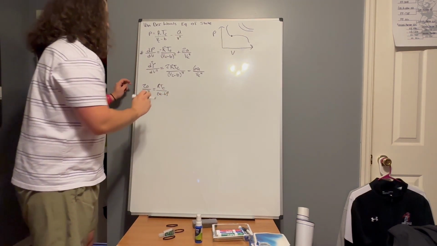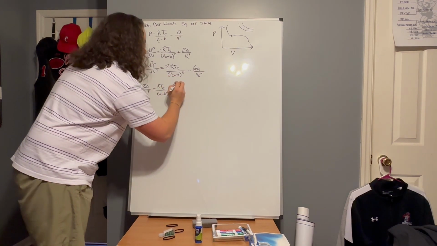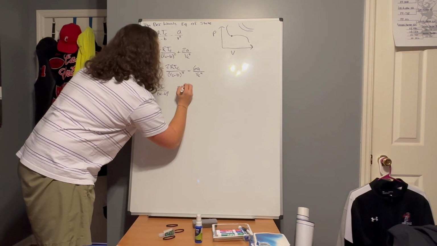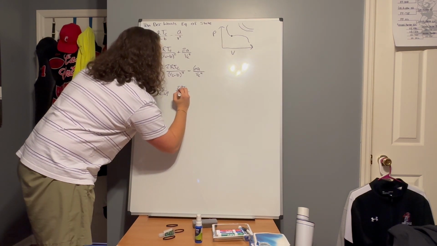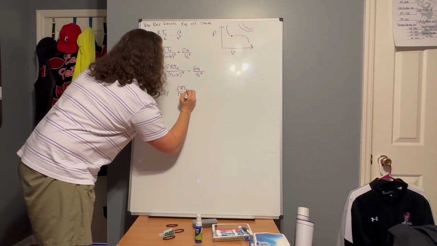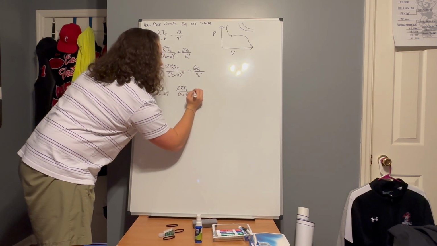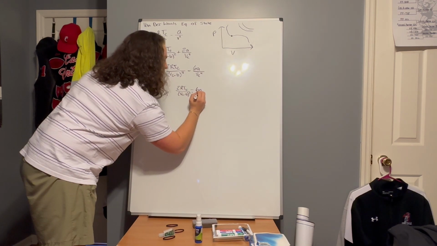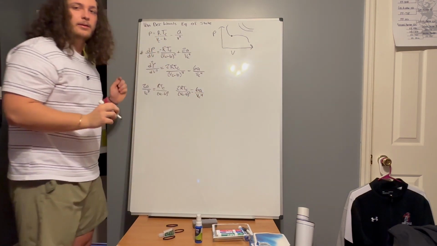Then the second derivative gives 2RTC over (VC minus b) cubed equals 6a over VC to the 4th.